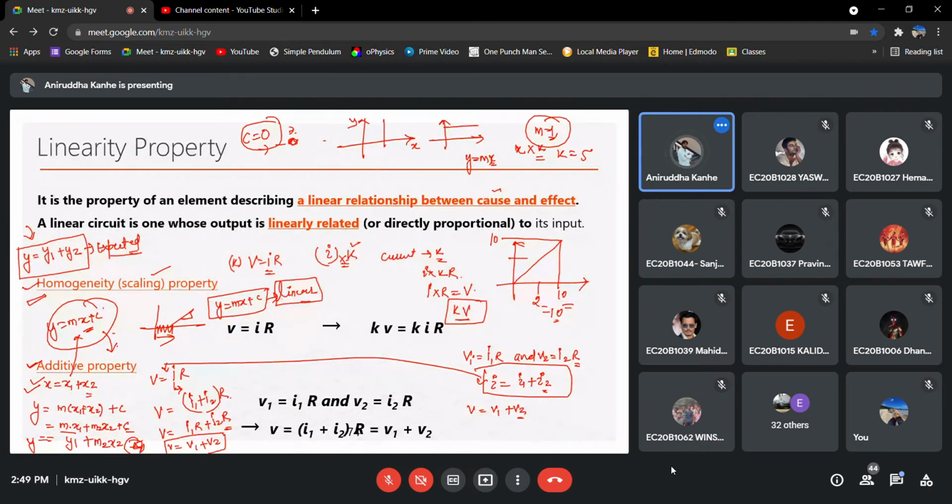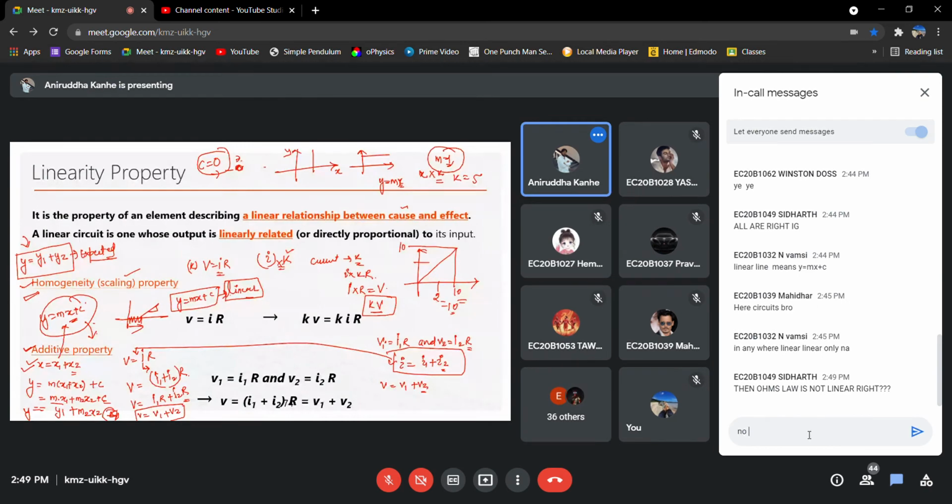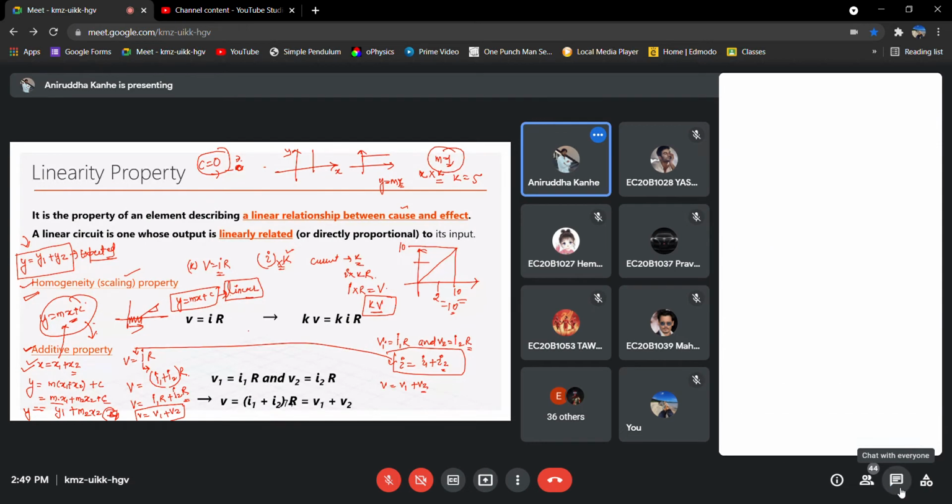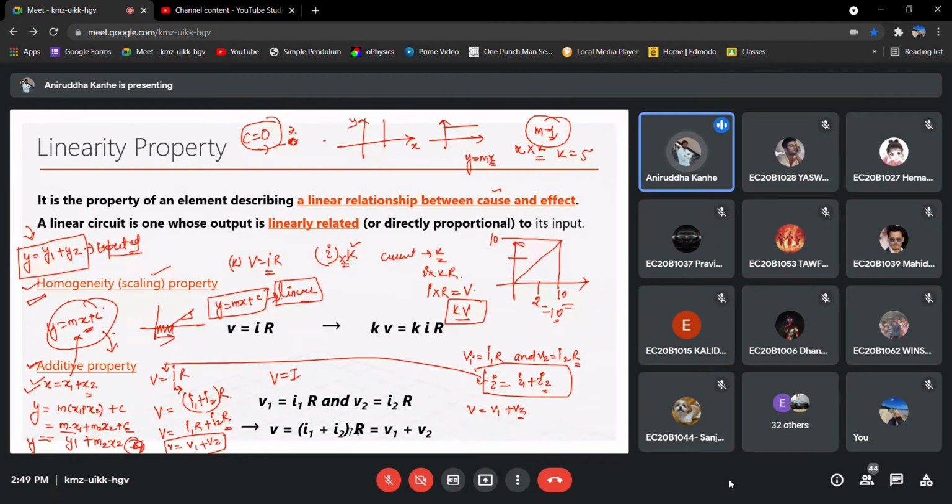Is that okay? Is there any doubt? Now, what is Ohm's law? V equals IR. So that's what I am saying. This is linear. Please understand. Look at what I am explaining here.